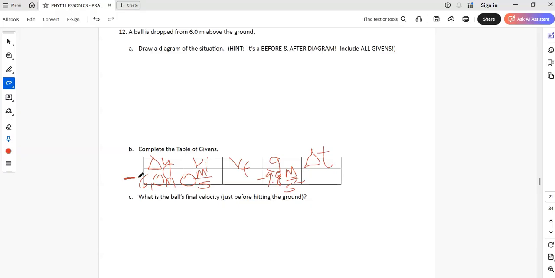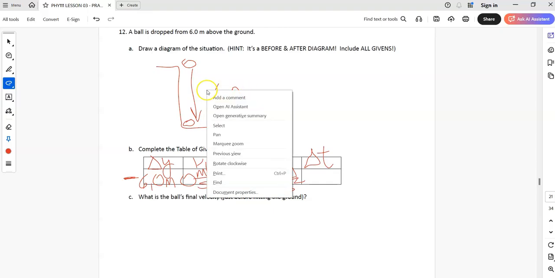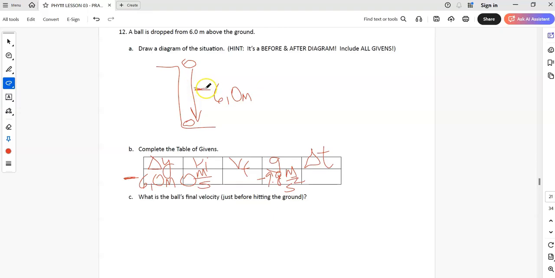All right. So what's our diagram look like? Well, we can make some height that we're dropping it from. Doesn't have to be pretty. We've got a ball at the top, and the ball's going down to the bottom, and it's going a total distance of 6.0 meters, which means our displacement is negative 6.0 meters.